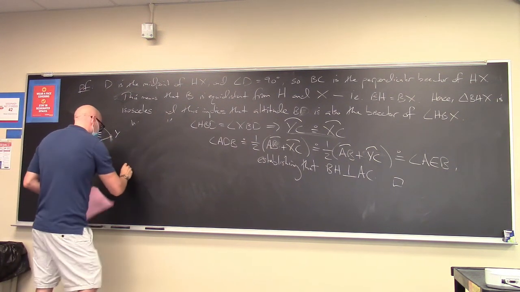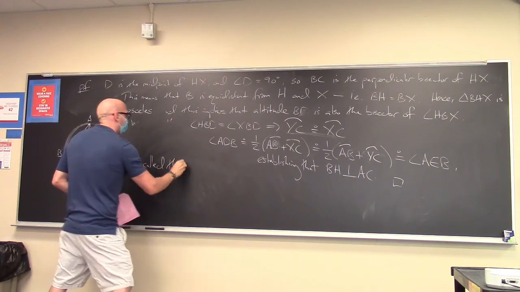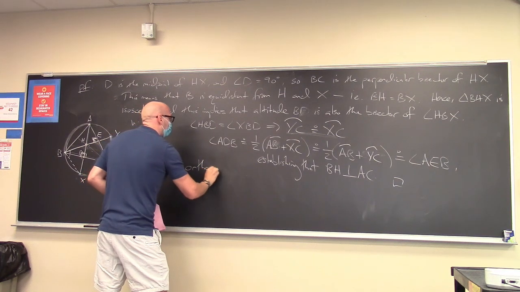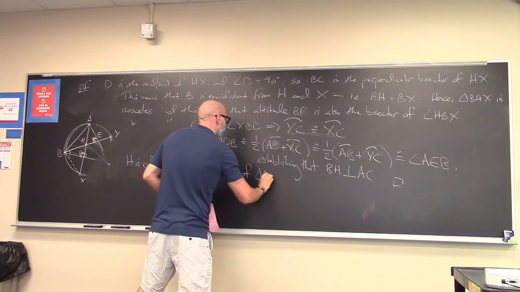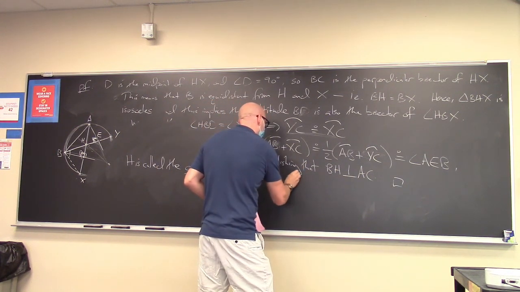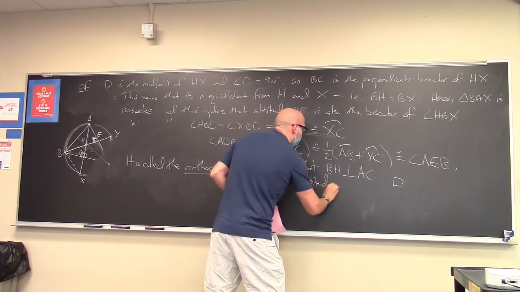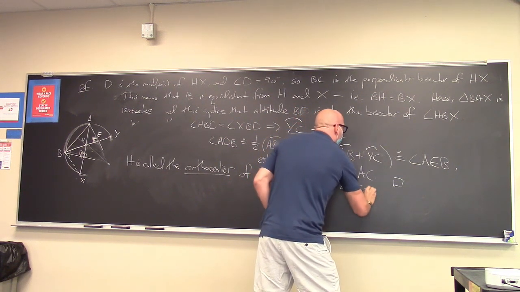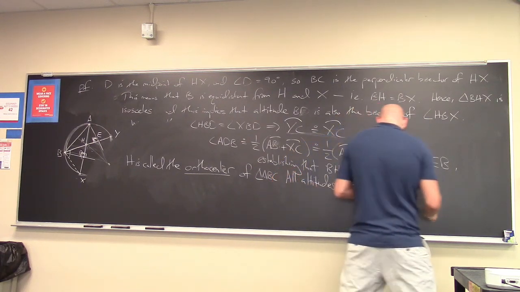But yes, H is called the orthocenter of triangle ABC, and all altitudes are concurrent at H.